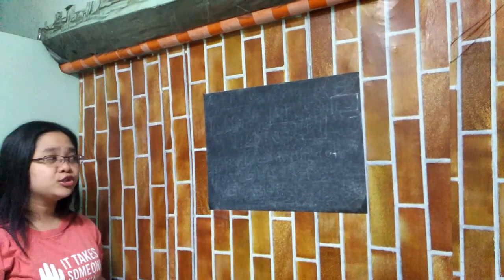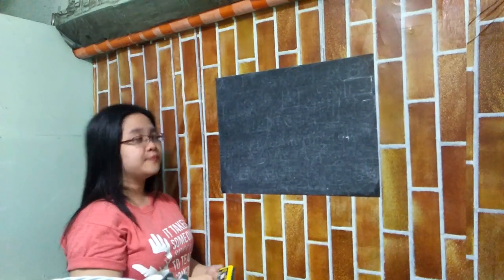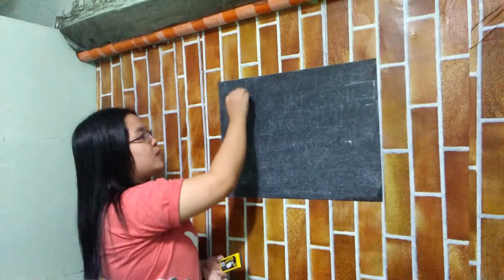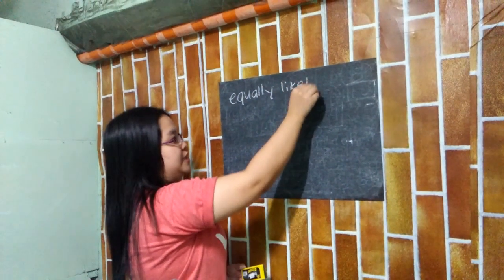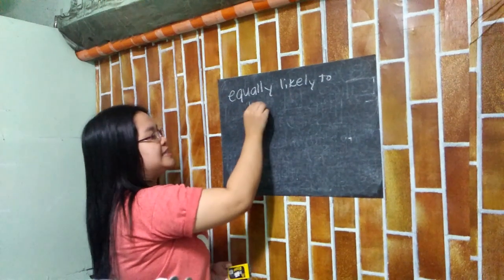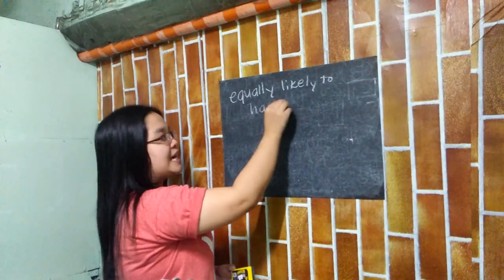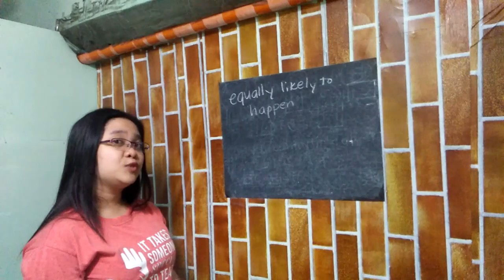Now, what kind of probability did we study for today? Okay, as you can see in those examples, we assume that the outcomes are all equally likely to happen. So this is the basis of the kind of probability that we studied.